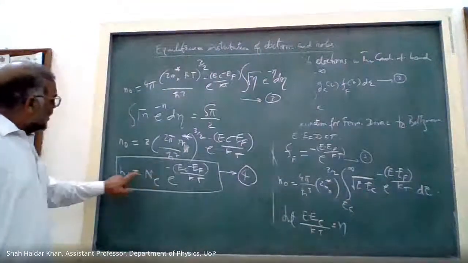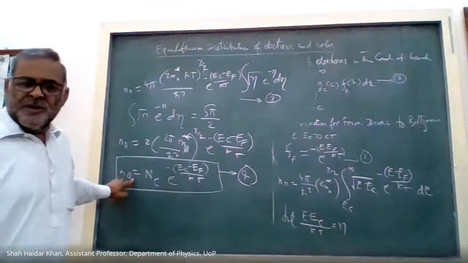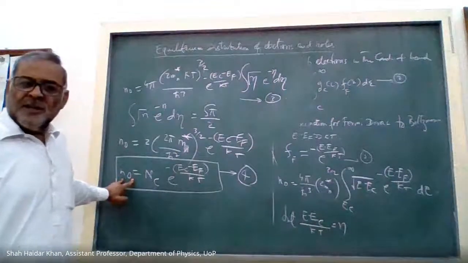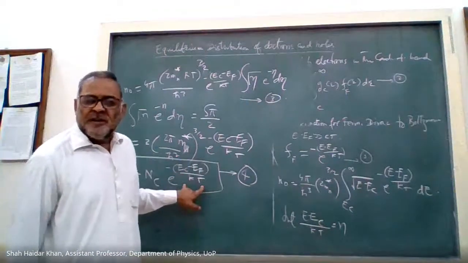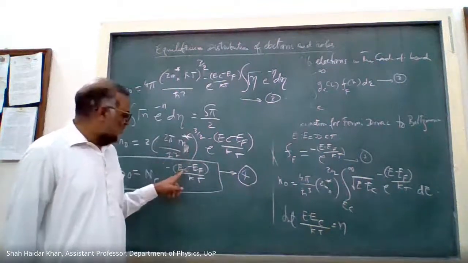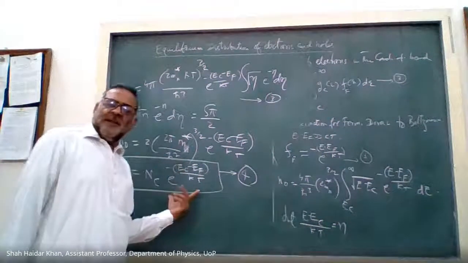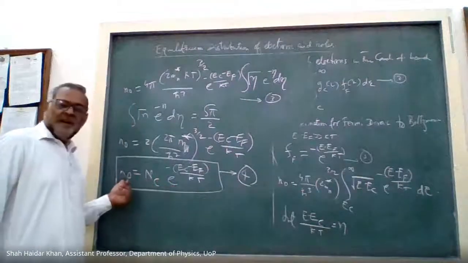Now look, N naught, the equilibrium concentration of electrons in the conduction band, is proportional to the difference between the conduction band bottom and the Fermi level, if we look only at this equation, right?